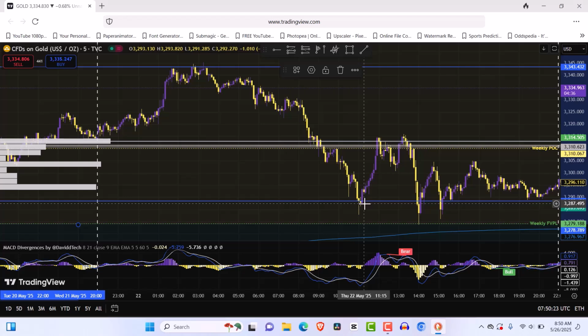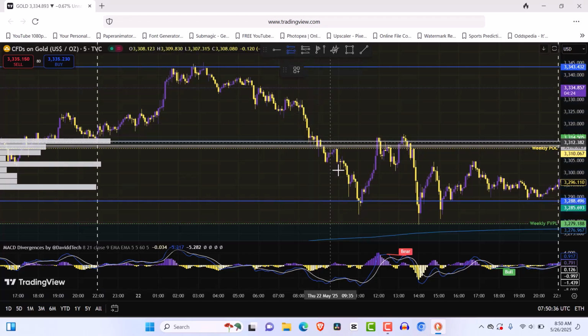Trust me, this is a typical A+ trade. So it came down to the previous day volume profile low, and would have taken a buy back to the place of control, which funny enough matched the daily place of control and the weekly place of control.